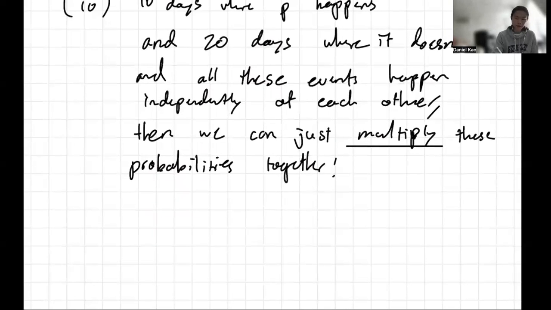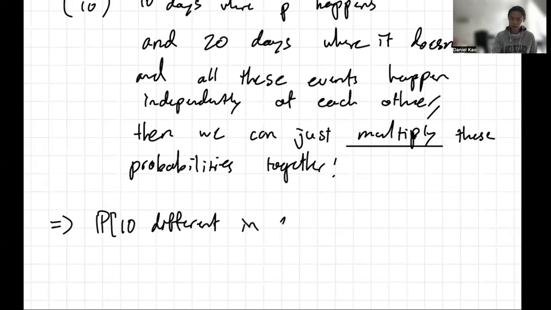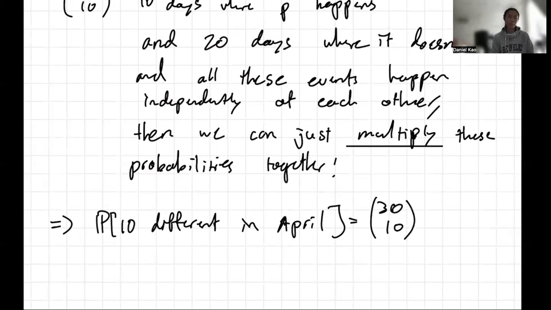So then we have finally that the probability that we receive 10 different days in April, 15 emails, is 30 choose 10 ways of this, possible ways we can have 10 different days in April to have 15 emails.